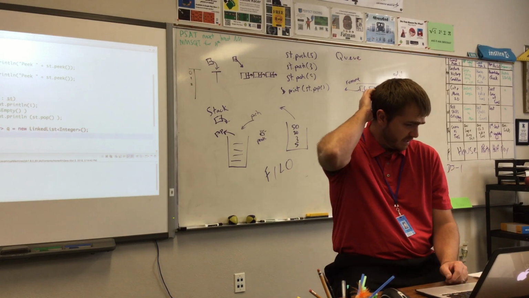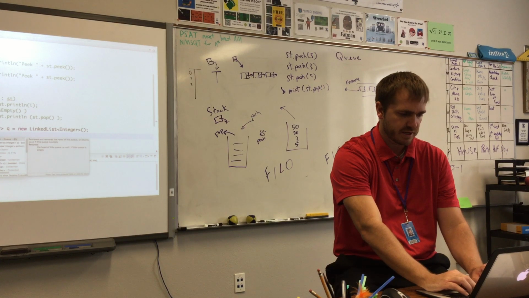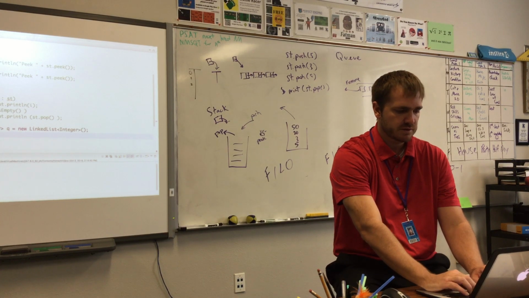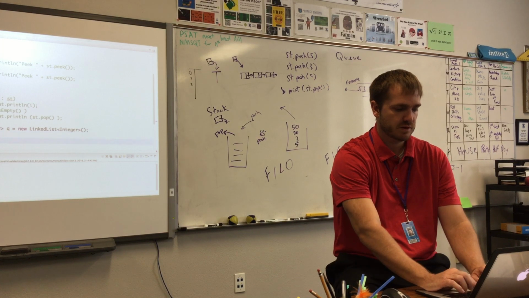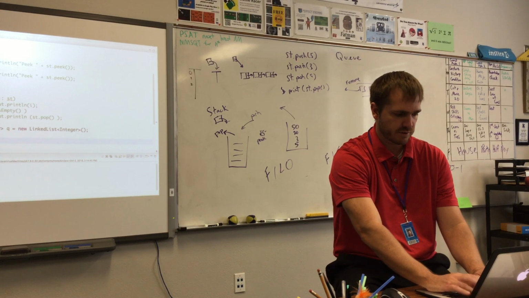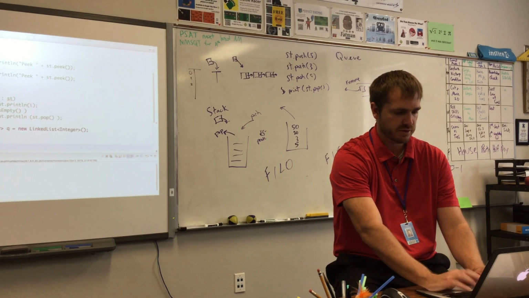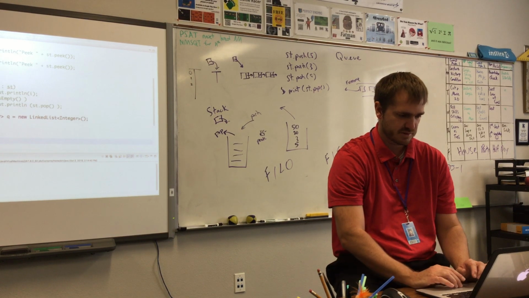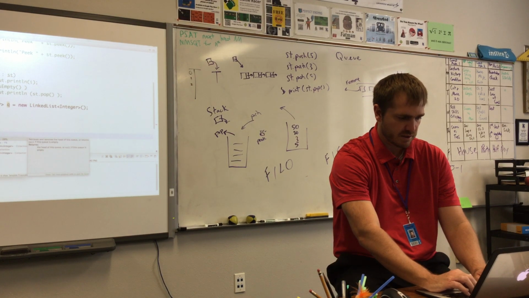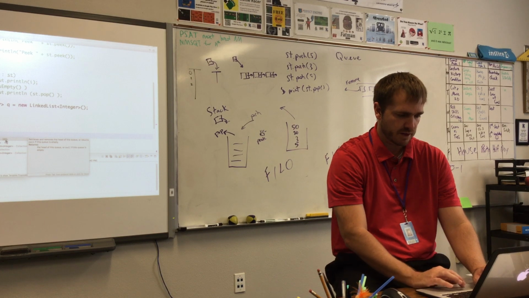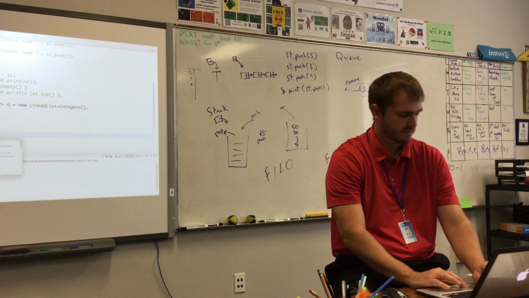So if I type Q dot, I should have an add. There you go. Let's add 7, Q dot add 42, and Q dot add 3. Do we have a Q dot peek? Oh, we've got a Q dot peek.